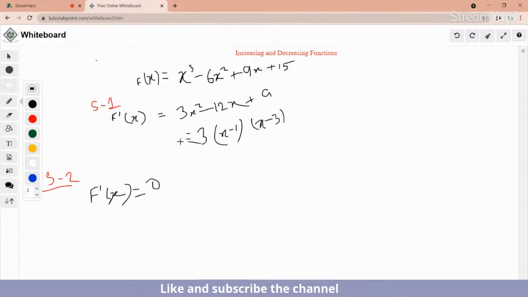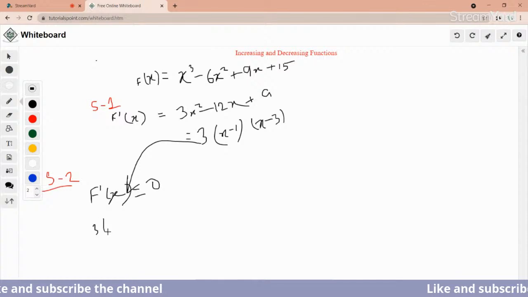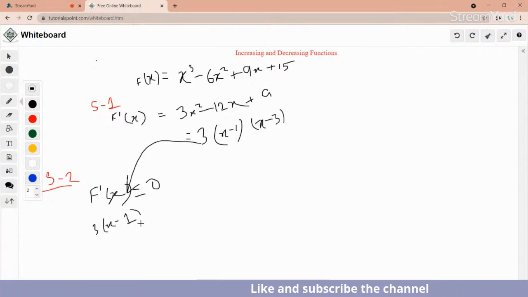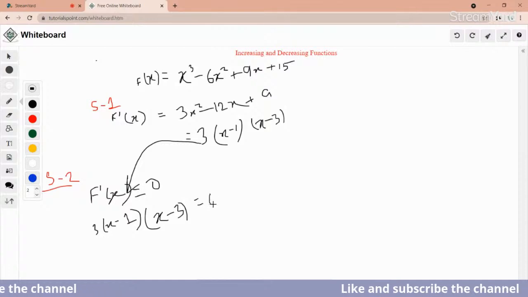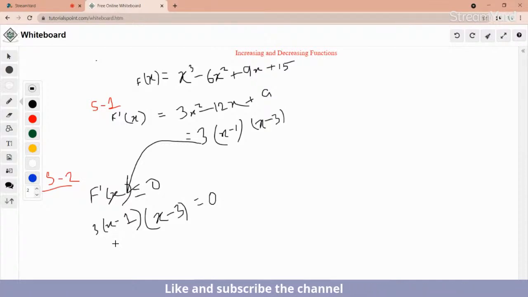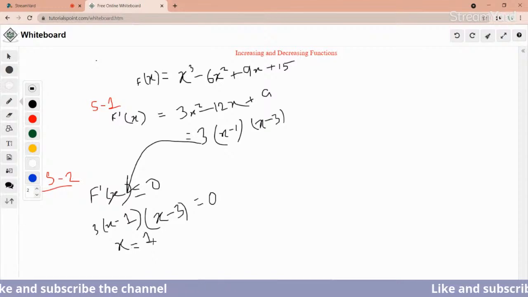That means 3 into x minus 1 into x minus 3 is 0. So take out the values of x, and that is 1 comma 3 you are getting. Done.